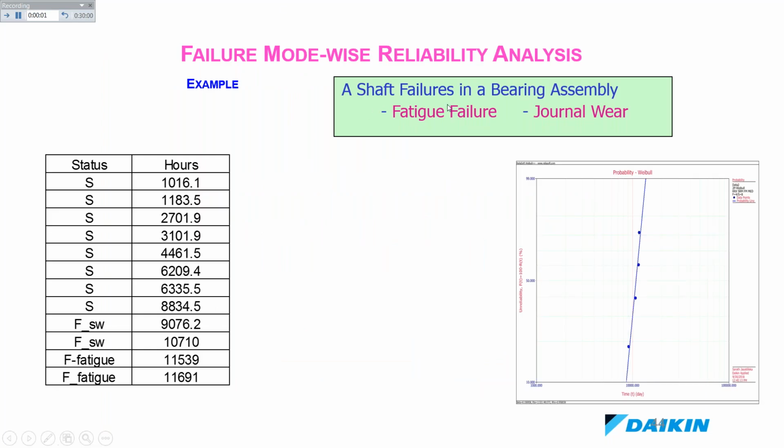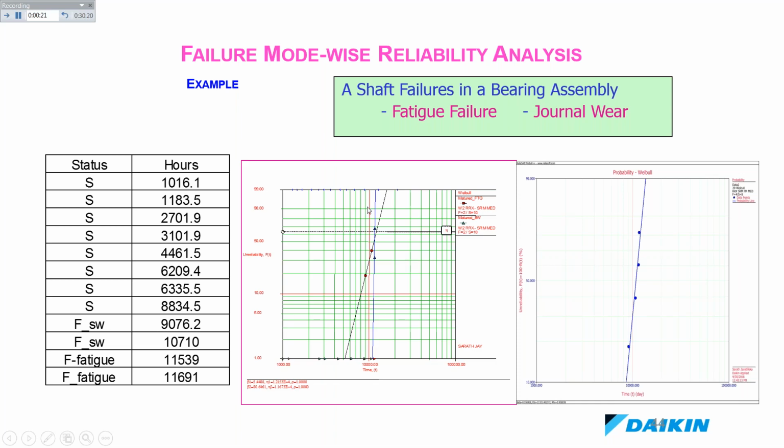Now here is an example. The shaft, we could call a shaft failure. But the shaft had 2 different failures, fatigue failure and general wear. And when I put all this data into one, I can get just one line. But the right way is to do 2 lines. Right censor the shaft wear and look at the fatigue, and then do the other thing.